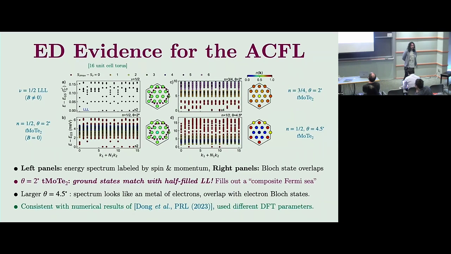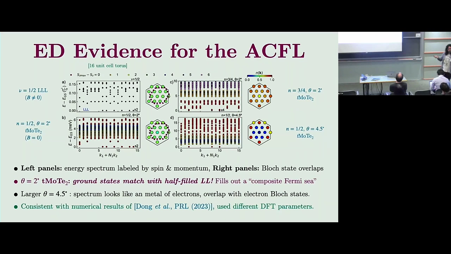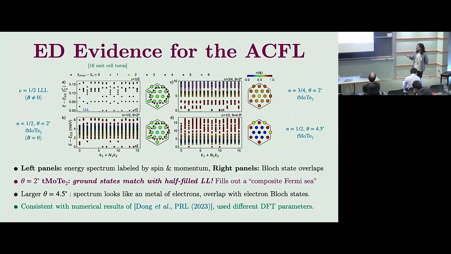So what are these overlaps that you're looking at? These are overlaps with the single electron, free Bloch states. You're taking the individual single particle states that you're getting and looking at the overlaps with the Bloch state.